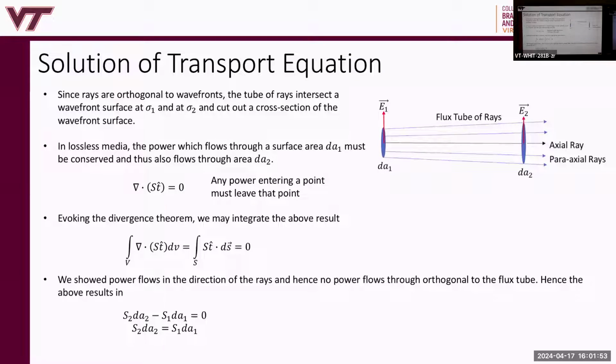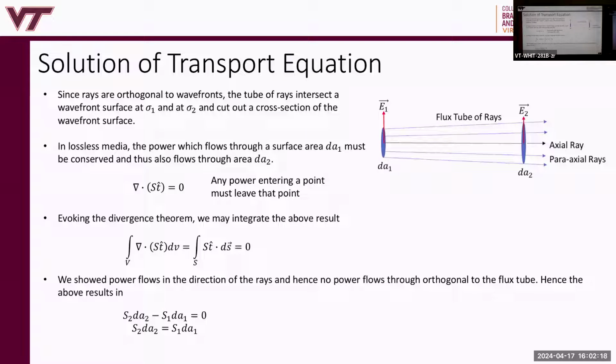Here's an axial ray. At some point on this ray we have sigma 1 and some point sigma 2, and the bundle of rays, the flux tube of rays, carves out a cross-sectional area dA1 and dA2 at sigma 2.